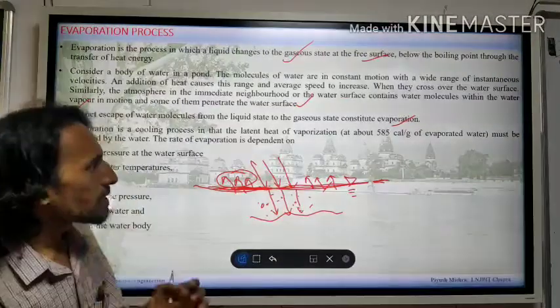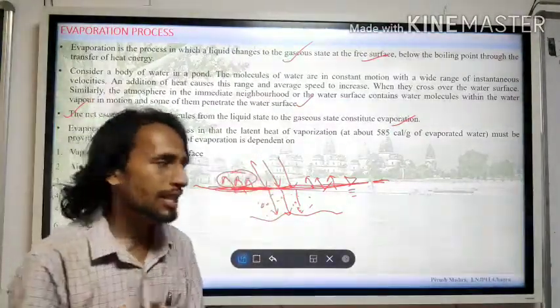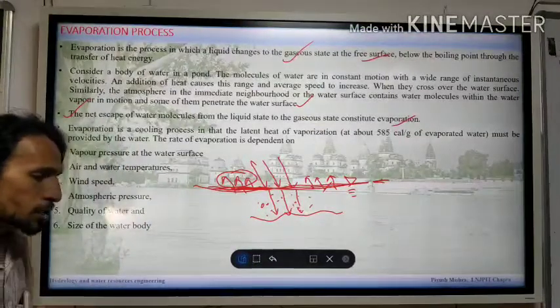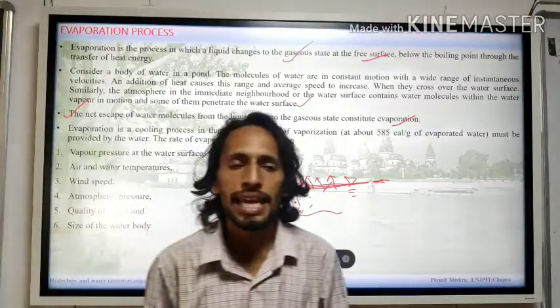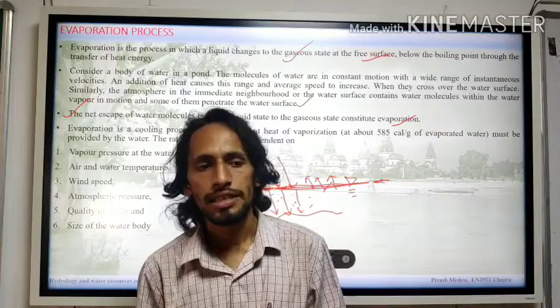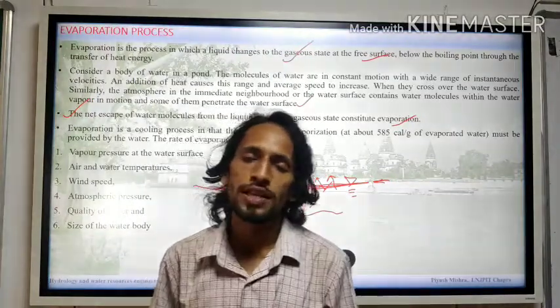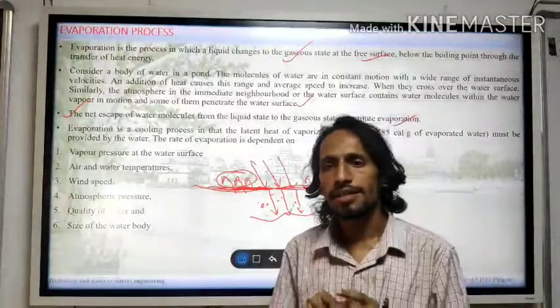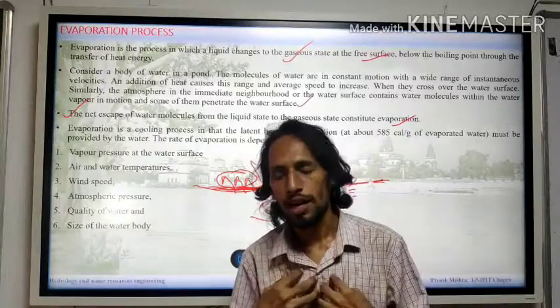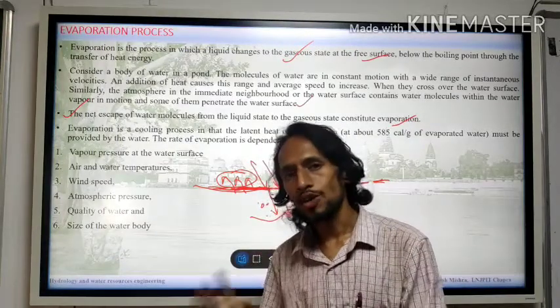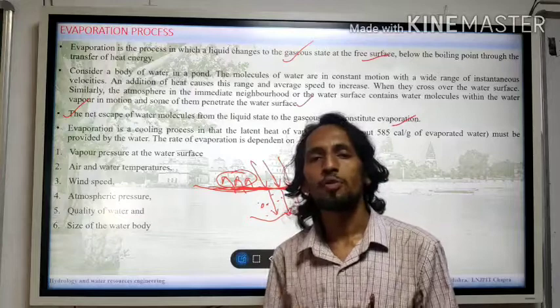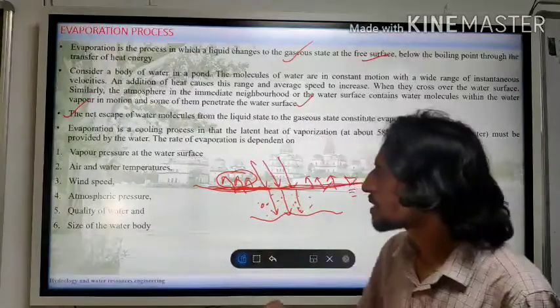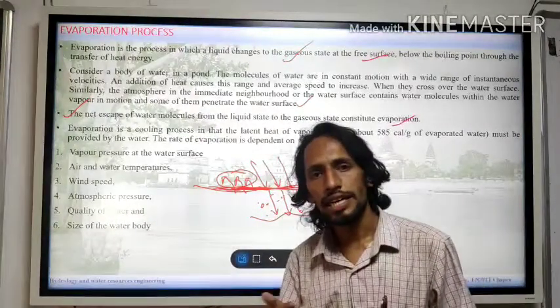Okay, so this is how evaporation happens. So what are the factors that affect evaporation in the atmosphere? For us, we are dealing with the hydrological cycle. So in the atmosphere, what are the various factors which affect evaporation?